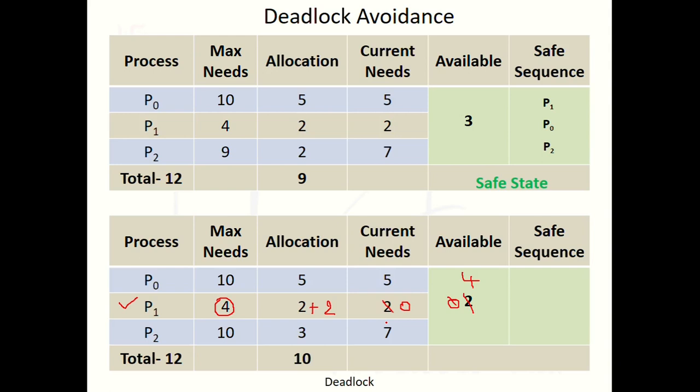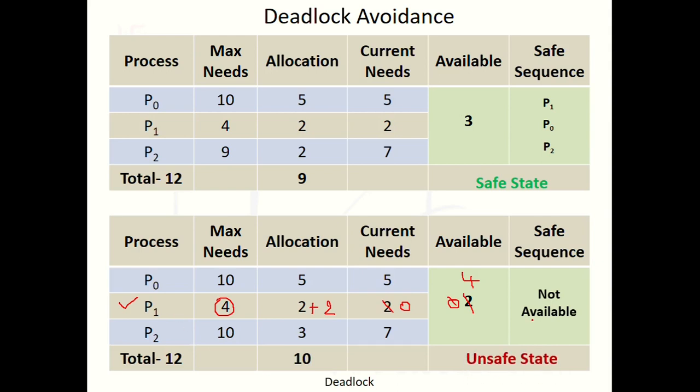So after some time this state will lead to a deadlock state, or it will lead to starvation. So indirectly we can say that we are not able to find any safe sequence to execute these 3 processes P0, P1 and P2. It means this state of these processes is an unsafe state.